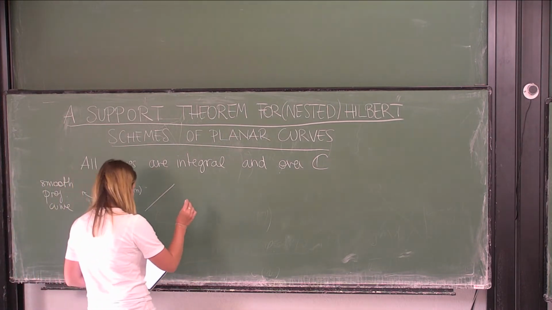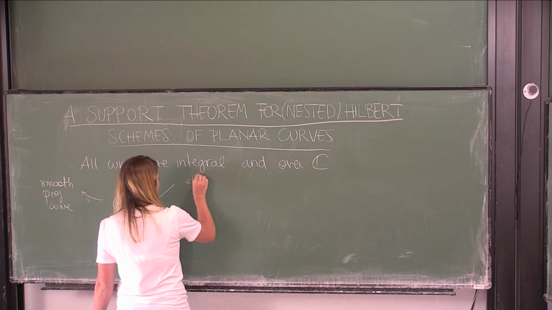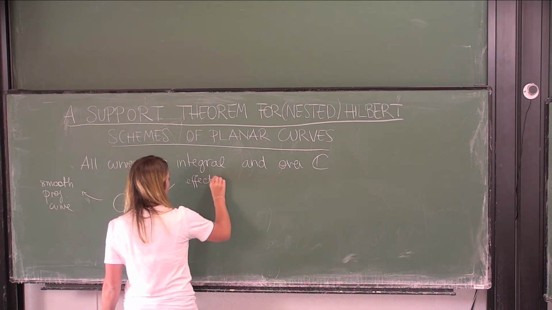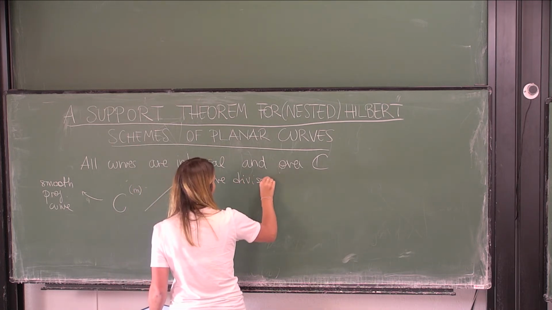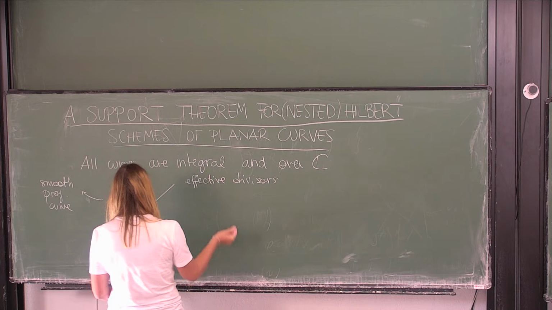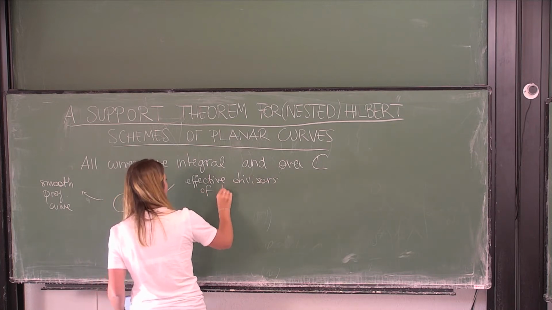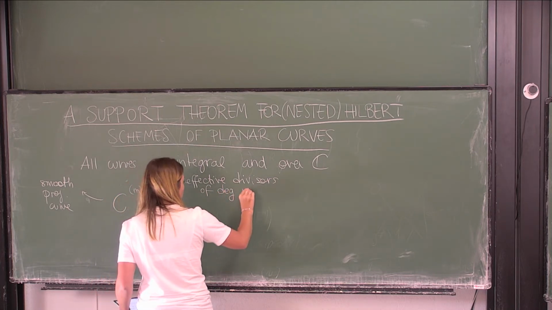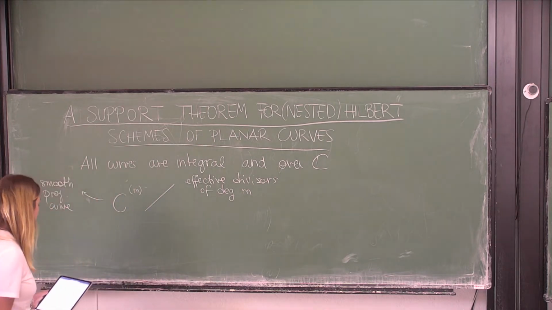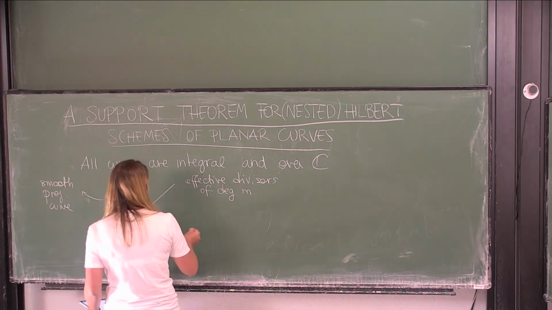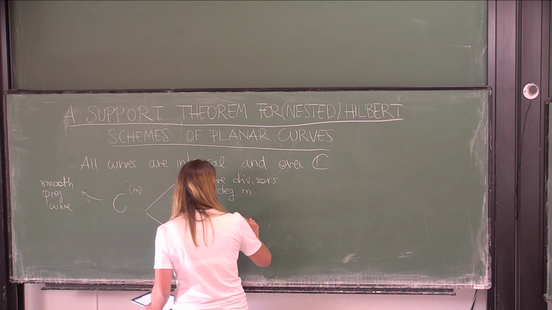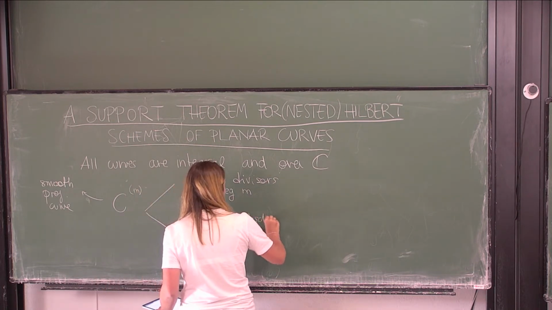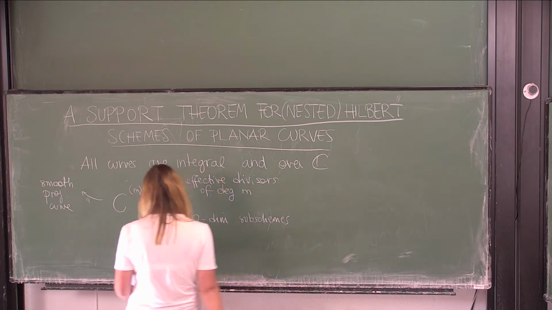First of all, as the variety parameterizing effective divisors on C of degree n. But also, we can think of it as the closed zero-dimensional subschemes of length n.